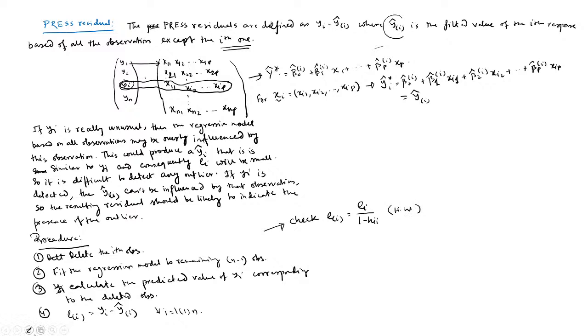Therefore, you see that the e(i) are just the ordinary residuals weighted according to the diagonal elements hii of the capital H matrix.